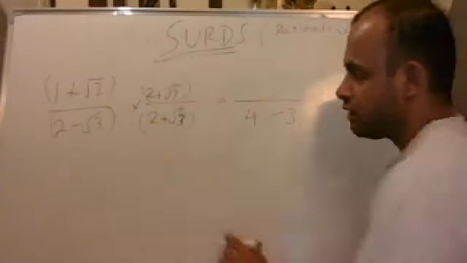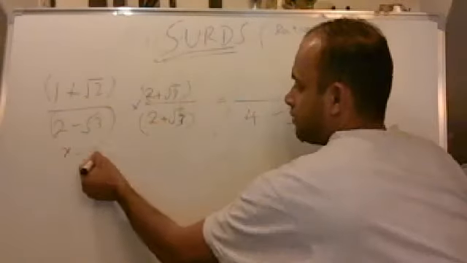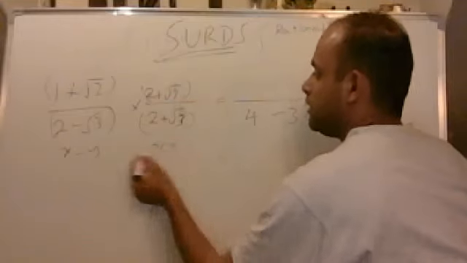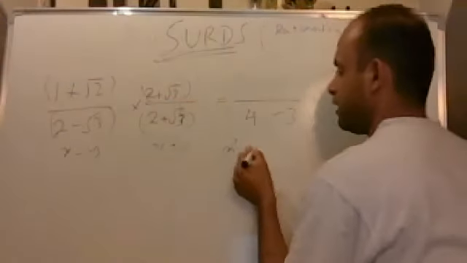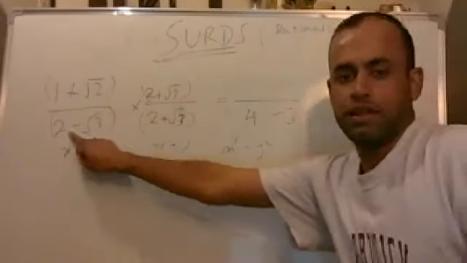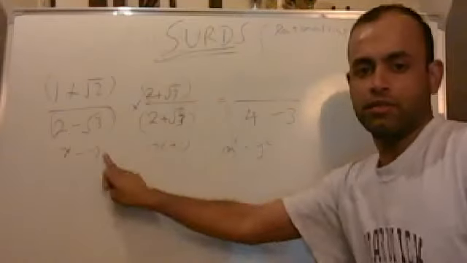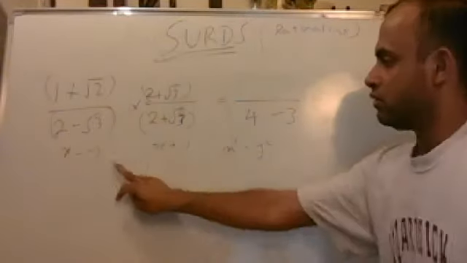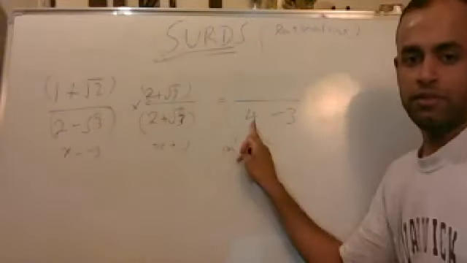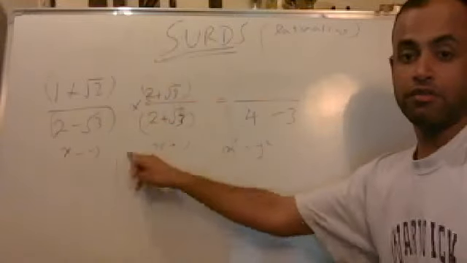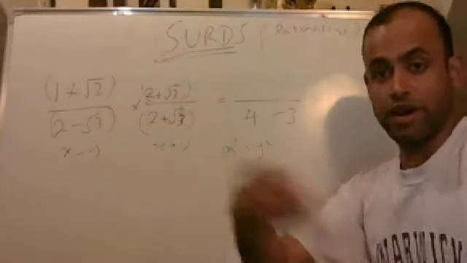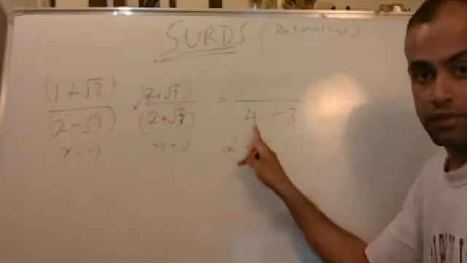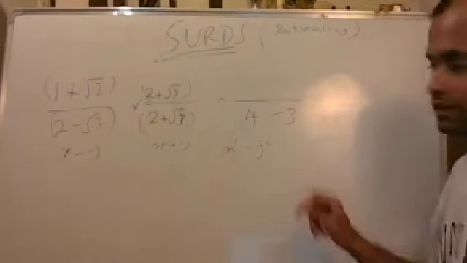So if you look at this like x minus y, x plus y, so that's same as x squared minus y squared. X here is 2, y here is root 3, and the same here. So x squared would be 2 squared, which is 4. Y squared would be root 3 squared. So root 3 is obviously square root of 3, so if you square it, you'll go back to 3. So it's 4 minus 3. Okay?